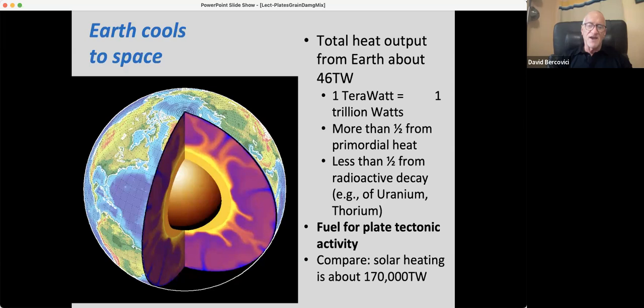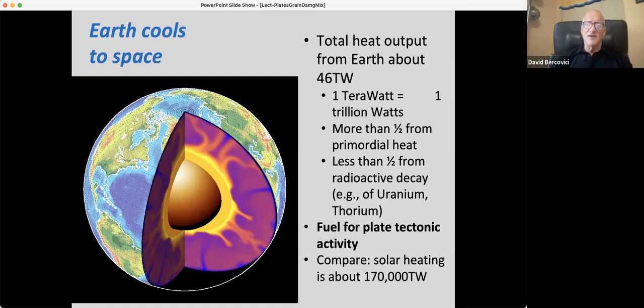Probably less than half is from the decay of radioactive elements like uranium and thorium that are intrinsically in trace amounts within minerals and rocks. A lot of that gets partitioned to the crust because of how crust is formed during melting, so a lesser amount is still stored in the mantle.